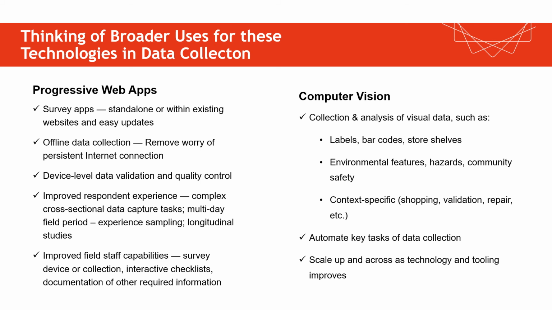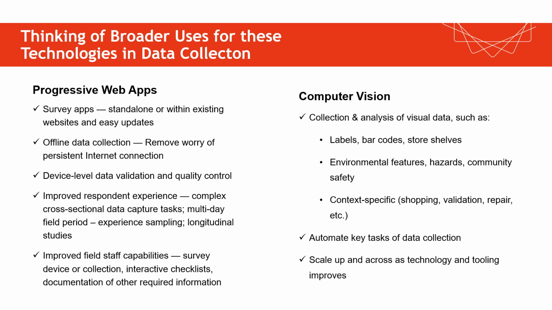It allows you to do offline data collection, so you don't have to worry about a persistent internet connection. Again, you can build in device level validation and quality control, so you can apply those things at the point of collection. It does help to improve the respondent experience, and there's a lot of different things that we can use this for.